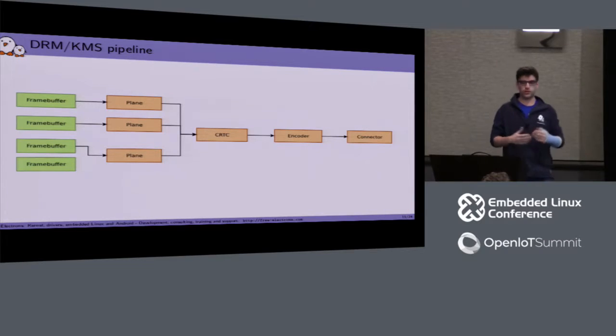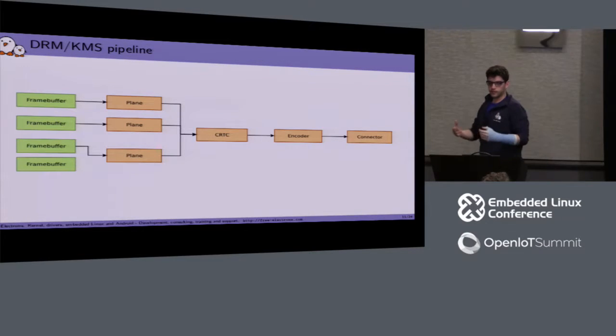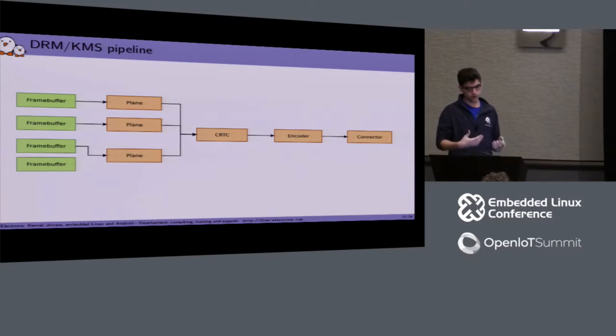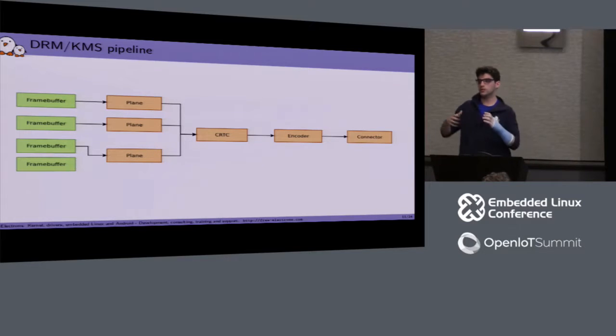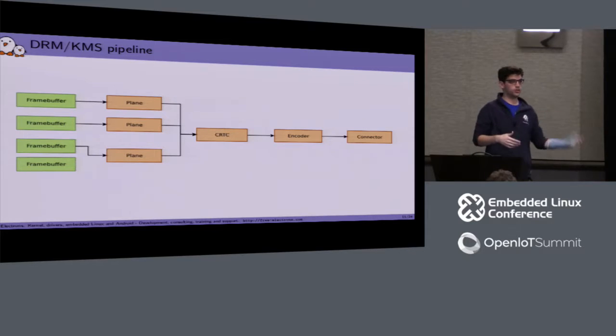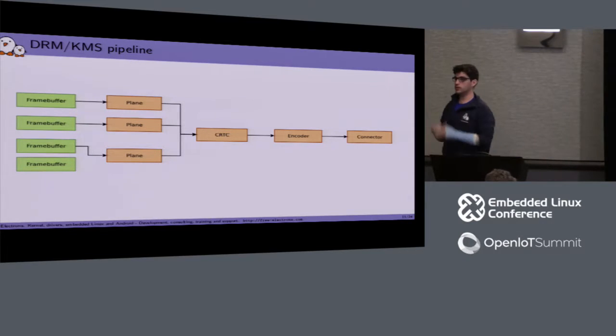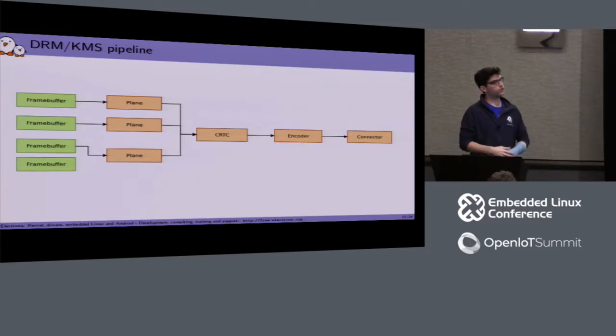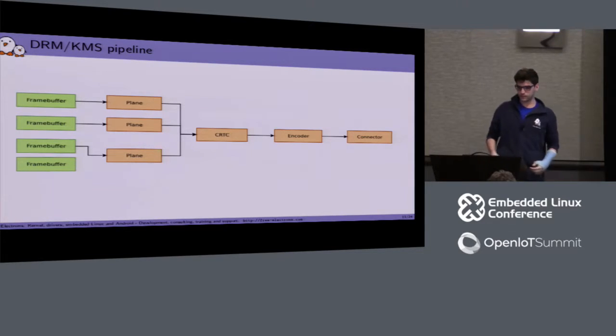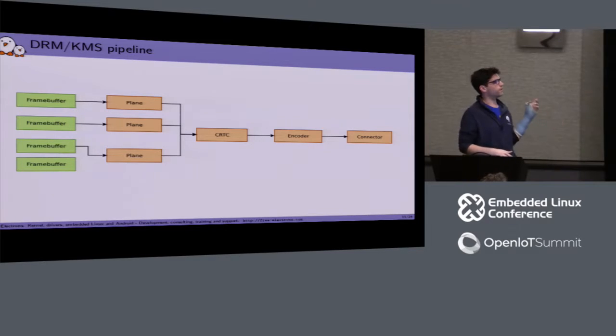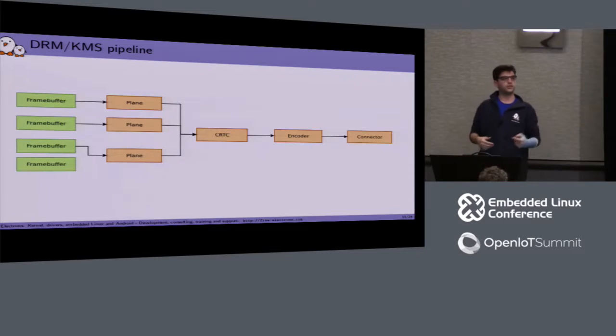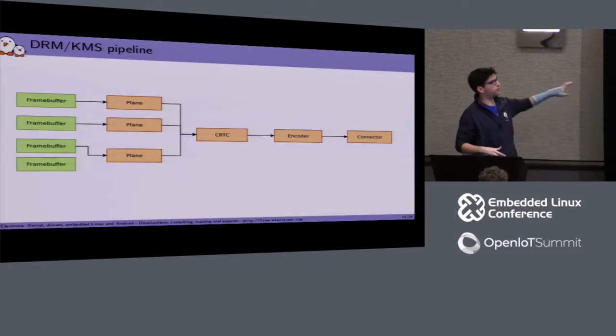The encoder will encode the frame that the CRTC just generated and pass it along to what's called a connector, which will actually output that encoded frame to whatever is on the other side. It might be an HDMI output, it might be a raw screen using a parallel interface, you name it. It's also dealing with all the EDID things, for example, to retrieve the resolutions that the connected screen is able to deal with, so that the whole pipeline is configured properly.